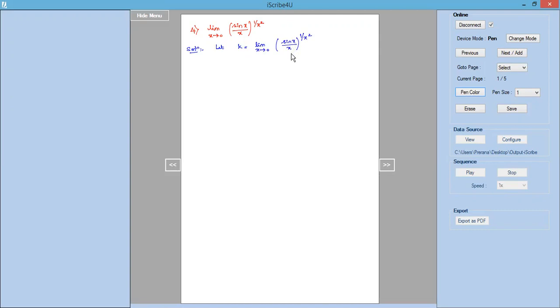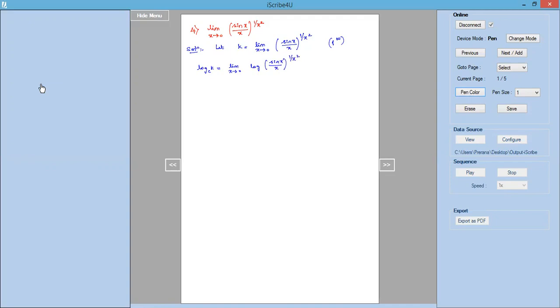We have seen this in the standard limit. 1 divided by x square, so 1 by 0 will be infinity. So it is of the form 1 power infinity. We will take log on both sides and proceed. So we have log k is equal to limit as x tends to 0, log of sin x divided by x, the whole power 1 by x square.